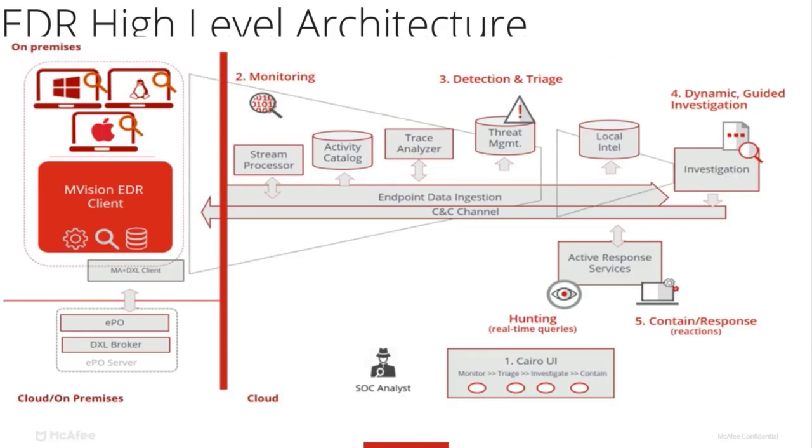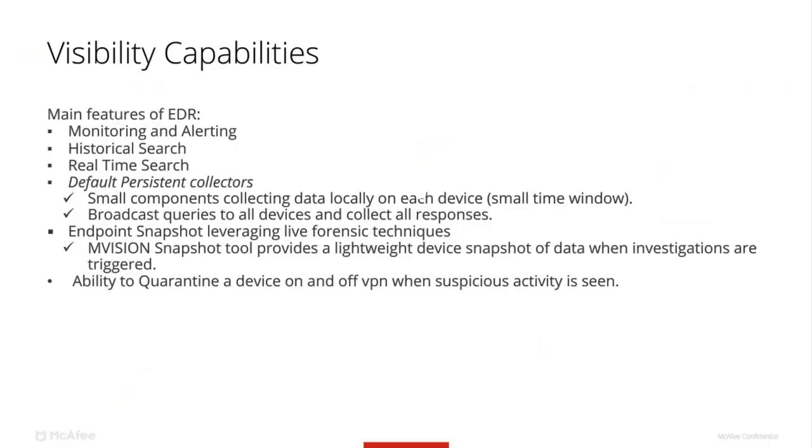So these are some of the capabilities of the EDR UI. We have the monitoring alert dashboard. The alerting dashboard provides all the detections that are found suspicious, which will allow you fast visibility on the details of the process that generated this detection.